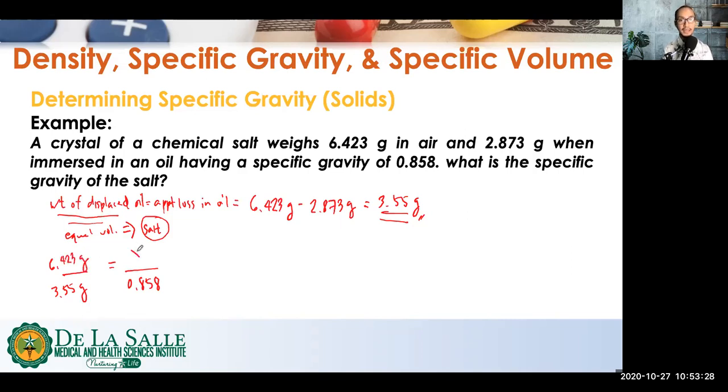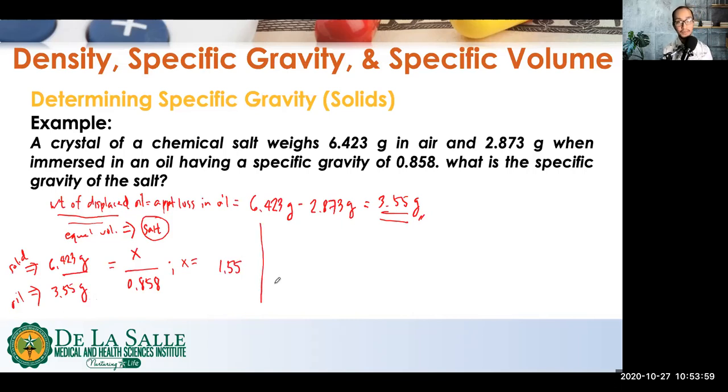Now, we can determine the specific gravity of our solid already. The solid is in the numerator, the oil is in the denominator. So 0.858 times 6.423 divided by 3.55, we get a value of 1.55. That's the specific gravity of the chemical salt.